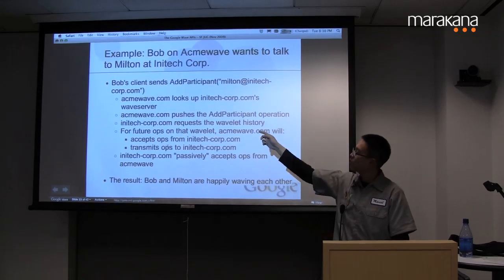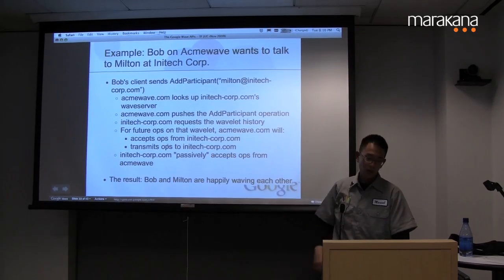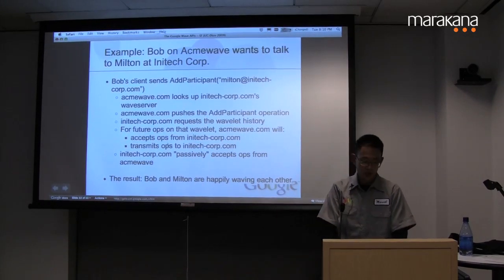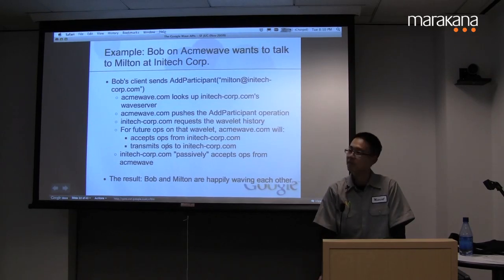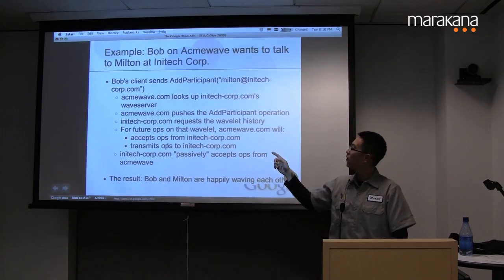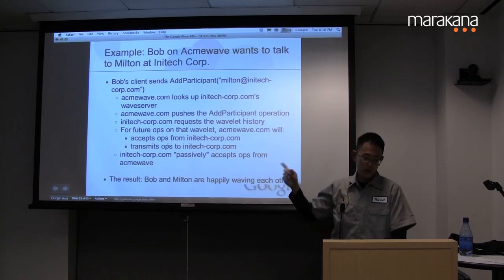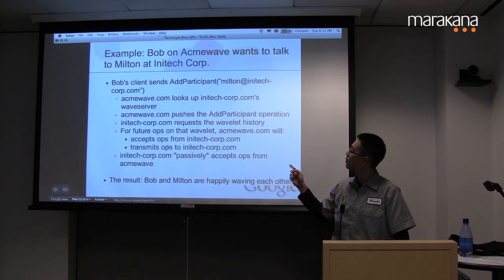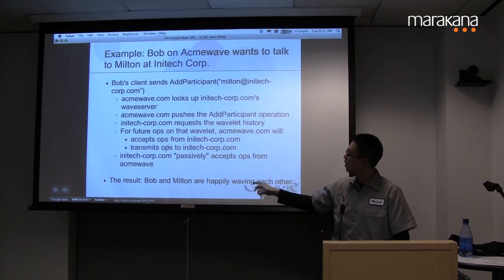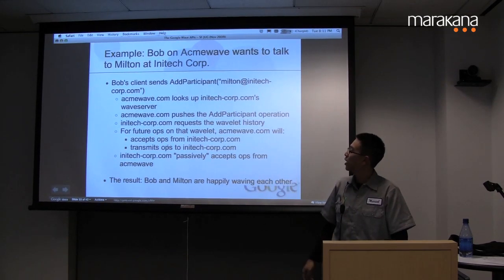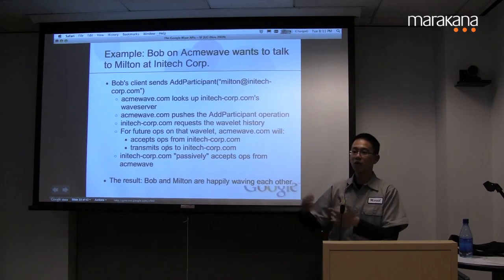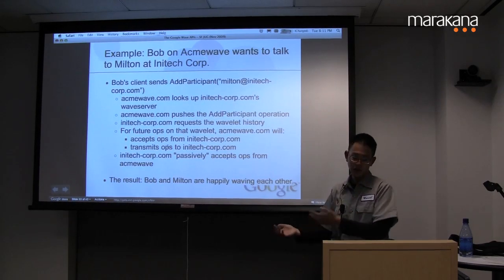It will have add participant and pass in Milton at initechcorp.com as a parameter to that operation. So Bob's wave server, acmewave.com, looks up the initech.com wave server, and probably they do some sort of handshake on connection initialization. And then the Acme Wave server will push the operations to the initech.com wave server. Then Initech will request the wavelet history so that it can fully reconstruct the wavelet on their side.